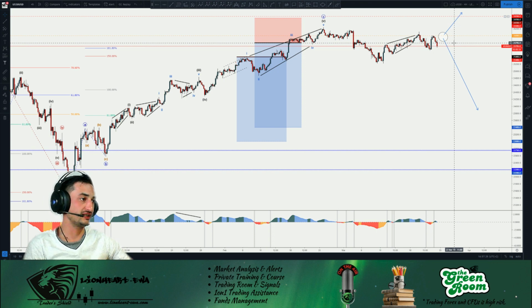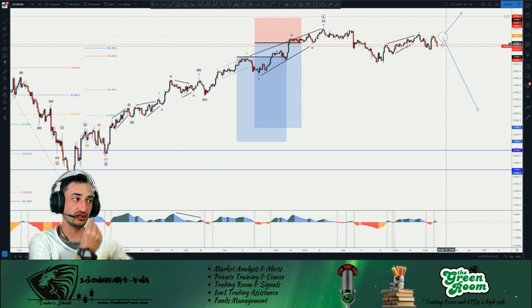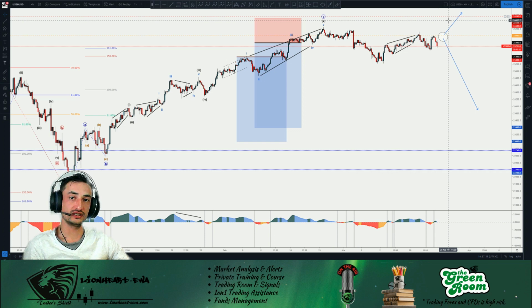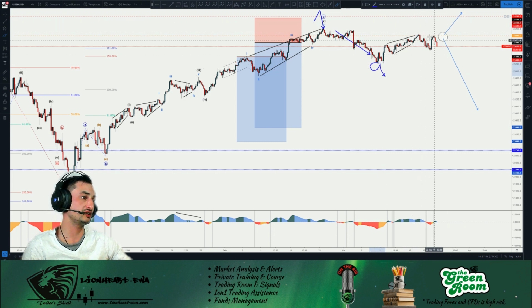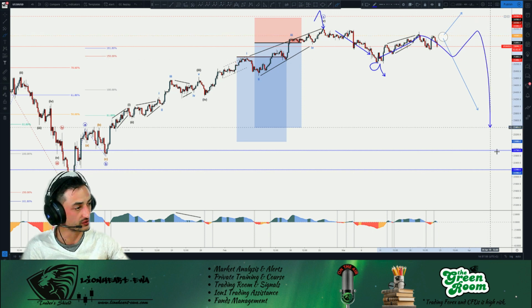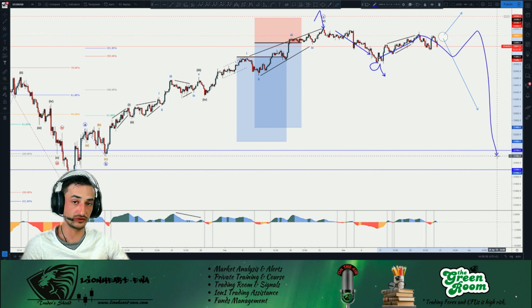The point is that if it manages to break through on the upside, which I honestly don't believe, because this structure should have ended right here, even if this is a wave one, and then this is, let's say, A, and this is the start of a B, or maybe the B wave would want to do something like this before the big fall, but I don't know, okay?